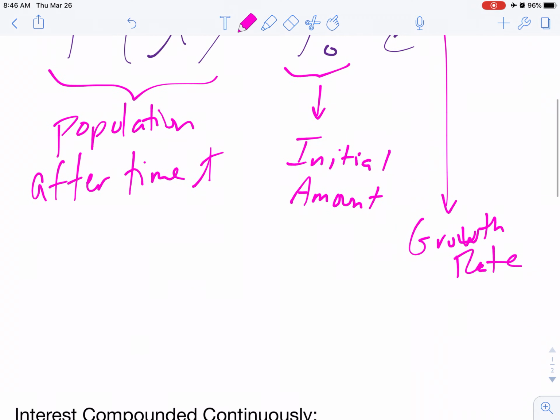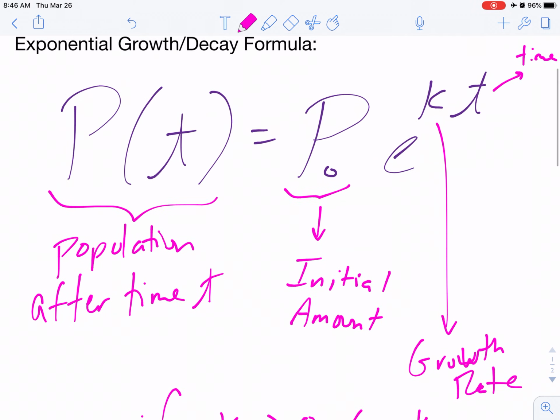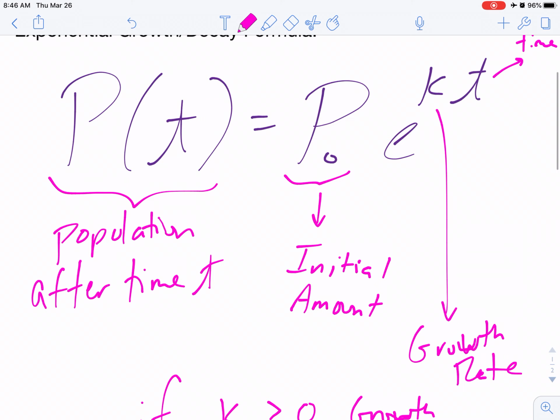Now, if K is greater than 0, we have growth, okay? And if K is less than 0, we have a decay situation, okay? So growth obviously would indicate a population getting bigger, and a decay is where the population is getting smaller. So if this value of K is negative, you have decay.